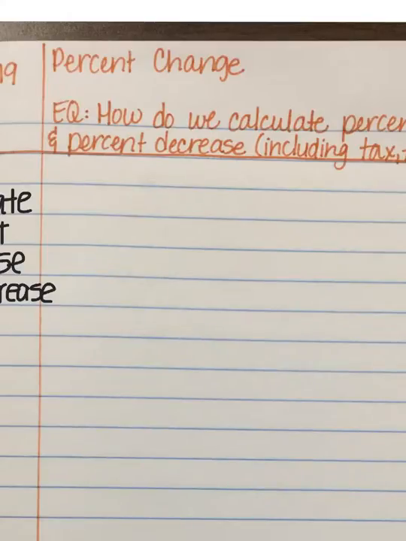So we had watched a video that went over a scenario where she was showing us how you take the two quantities, the new and your original, and then you find the difference, and then you place that over the original amount. And we're going to rewrite that here. So we're going to take the difference, which means we're subtracting, between the new and original.